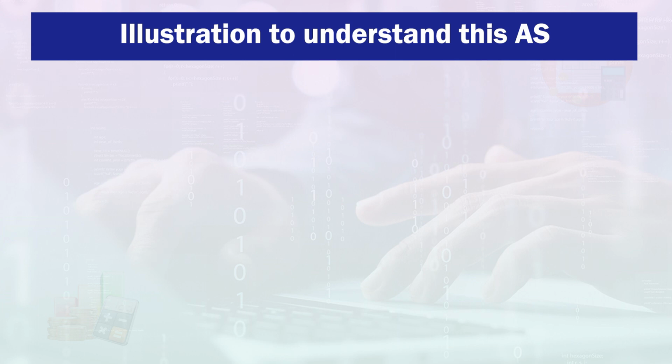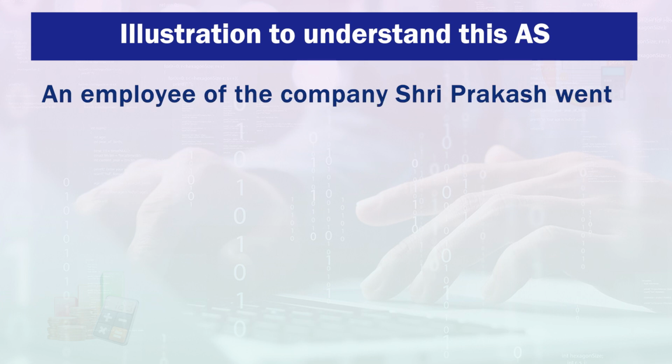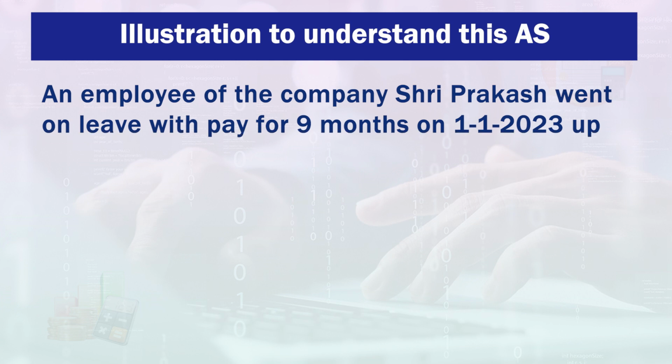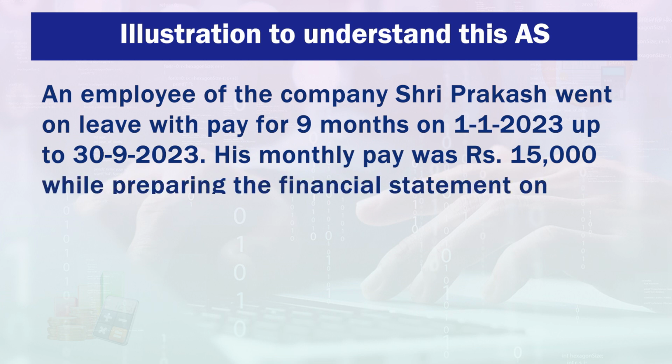Illustration to understand this accounting standard. An employee of the company, Shri Prakash, went on leave with pay for 9 months, from 1st January 2023 up to 30th September 2023. His monthly pay was rupees 15,000.